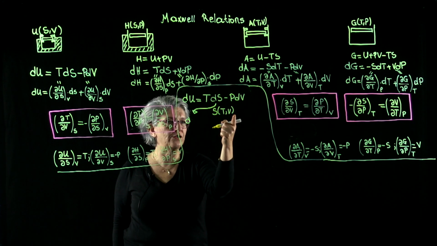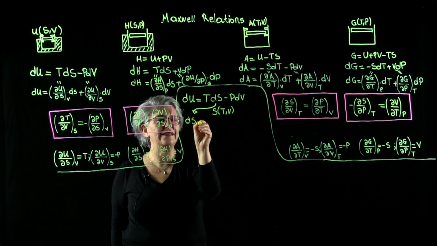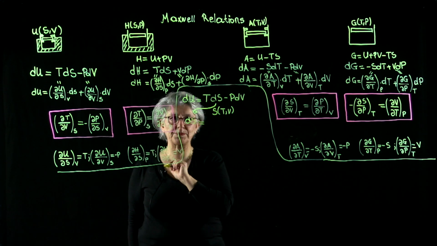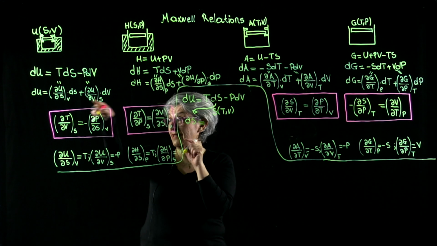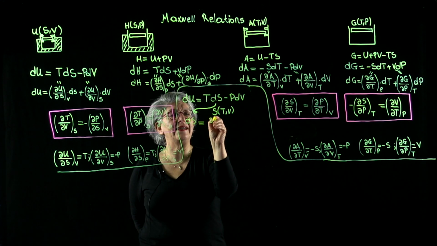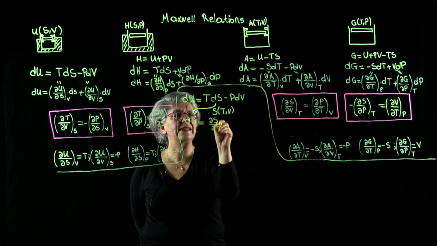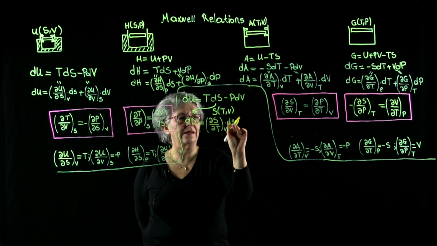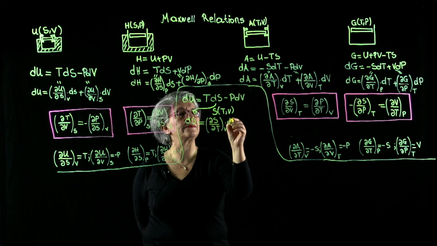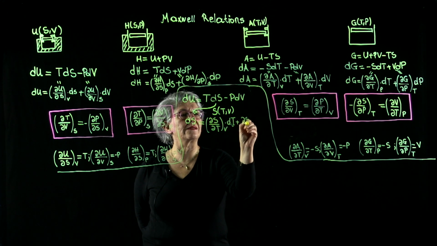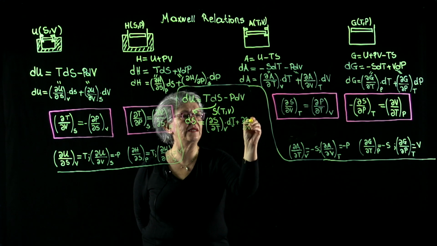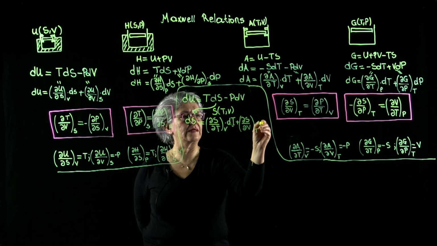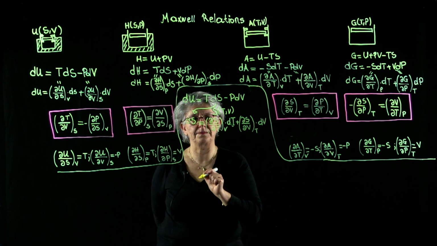Now, if entropy is a function of temperature and volume, dS is going to be equal to, with the same mentality, del S over del T at constant V times dT plus del S over del V at constant T dV.